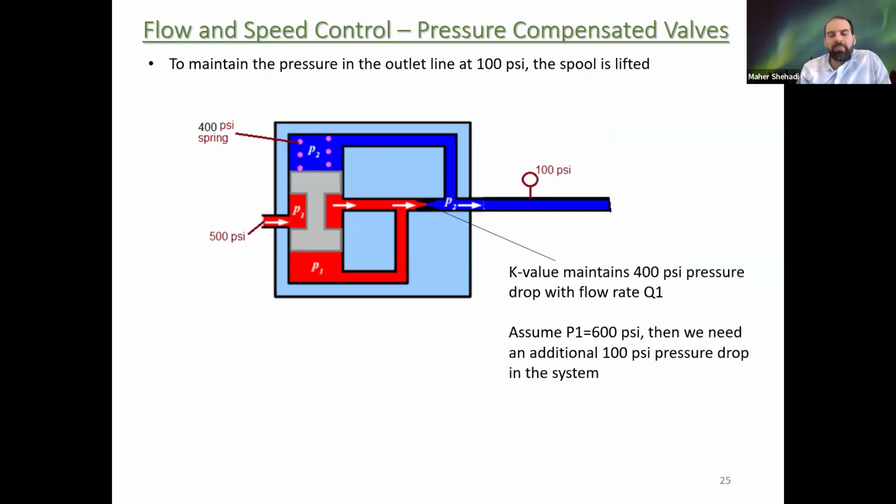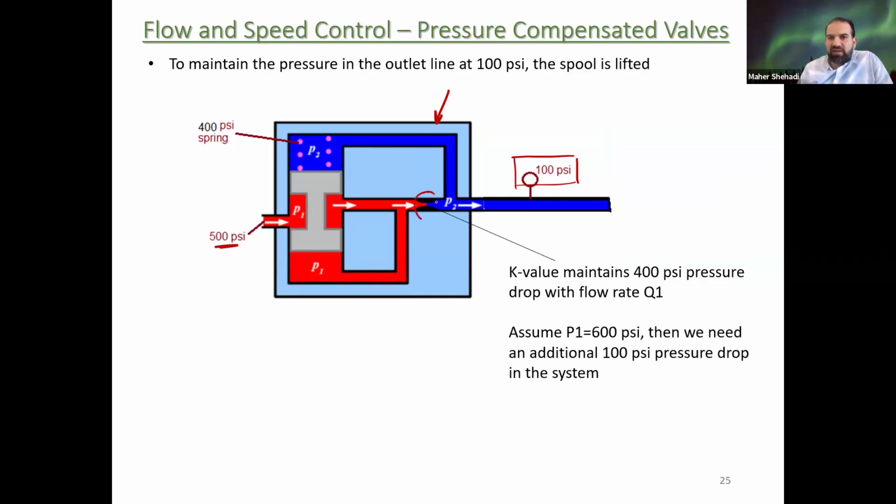So if we look into this example, originally I have the supply pressure, 500, that's P1, PSI. I need to make this give me an output of 100 PSI regardless. Then that orifice is actually providing me with 400 PSI, and the spring as well.